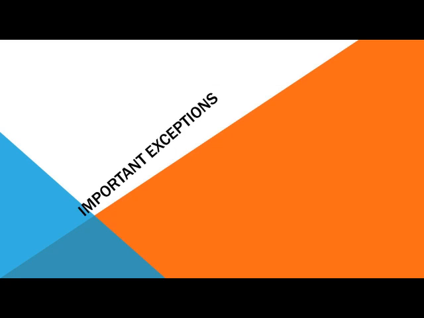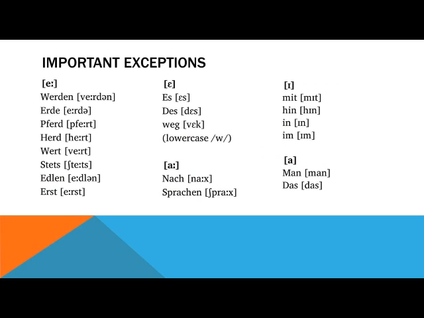So good job, we made it through all the rules. And now we're going to look at some important exceptions. So these are words that don't really follow the rules that we laid out just now, but it's very good to know about them and commit them to memory, so when you see them, you know. For the closed e sound, we remember the rule is the written E followed by a single consonant or H, or a double E. And here we see that these words don't have that.